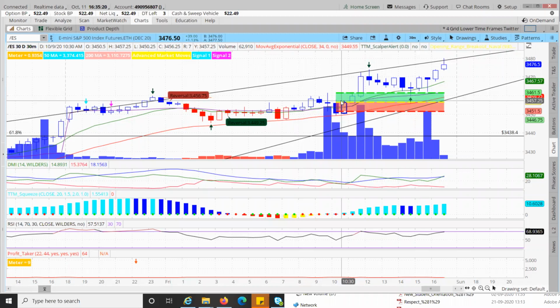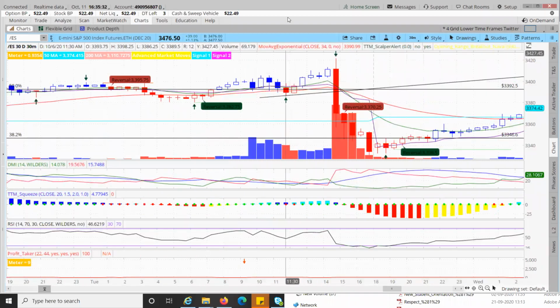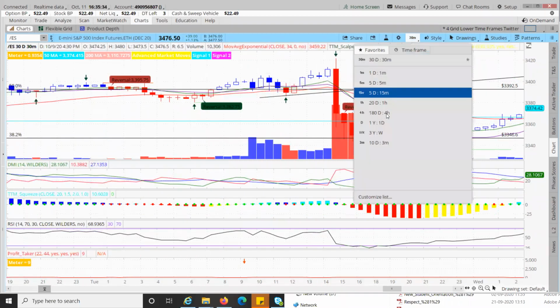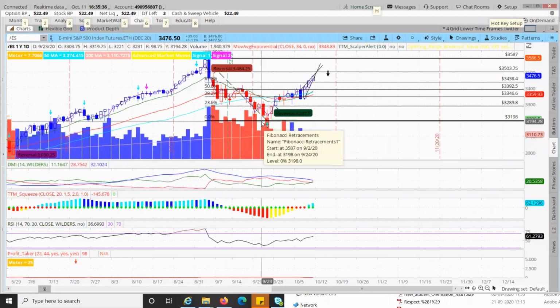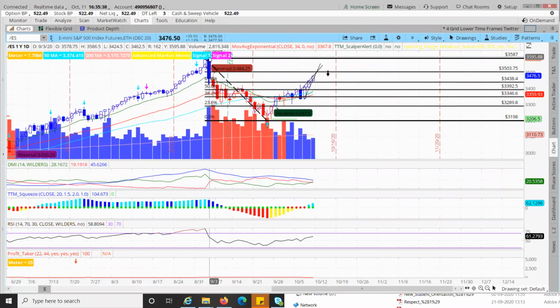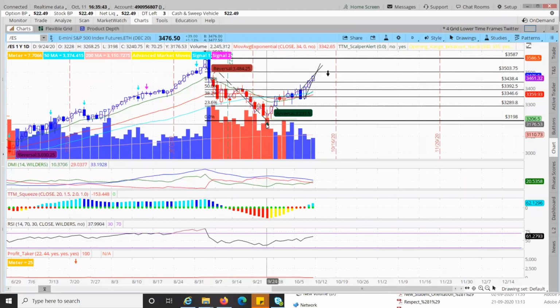Hey Naval, this is Kiran. You shared about Fibonacci, right? How do you know which high and which low to choose when you draw the Fibonacci? For example here, when I went to the daily chart, I made it here. I was trying to look for a recent high and a recent low.